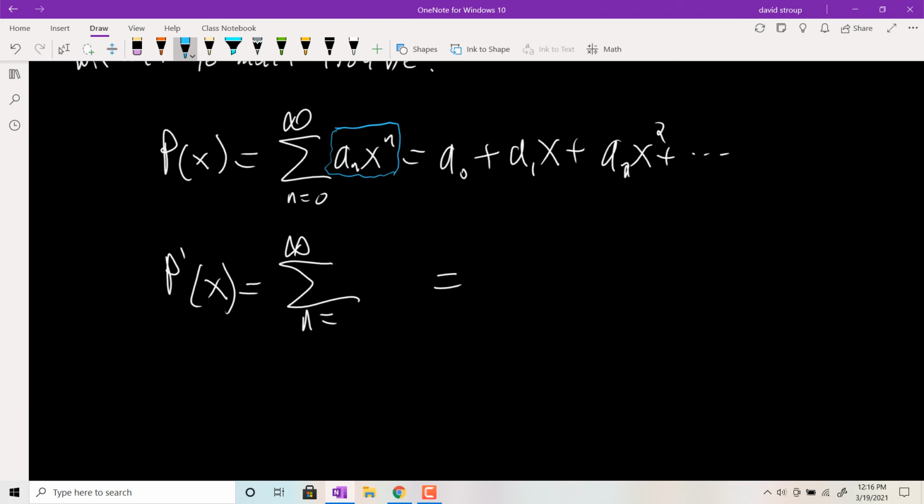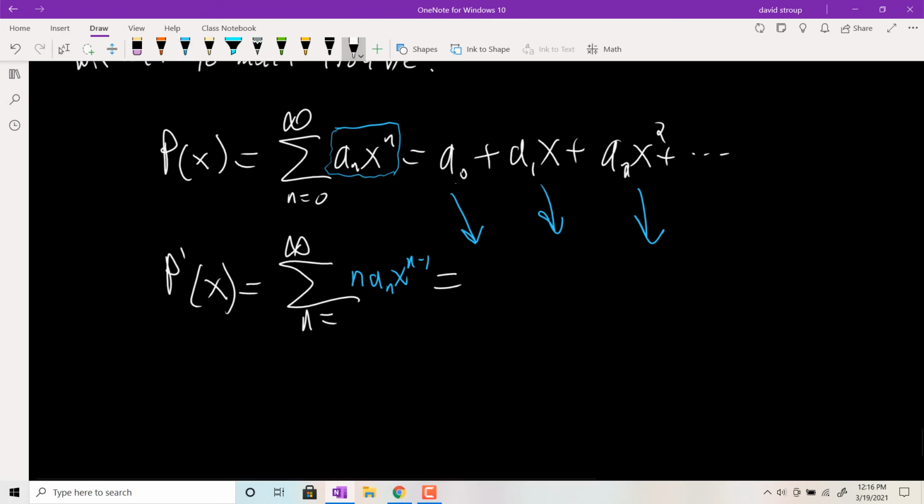Bring down the n and put it in front: n a sub n x to the n minus 1. You subtract 1 from the exponent. And when I expand this, I'm not using the formula; I'm actually taking the derivative of the terms, so I'm doing term-wise differentiation.